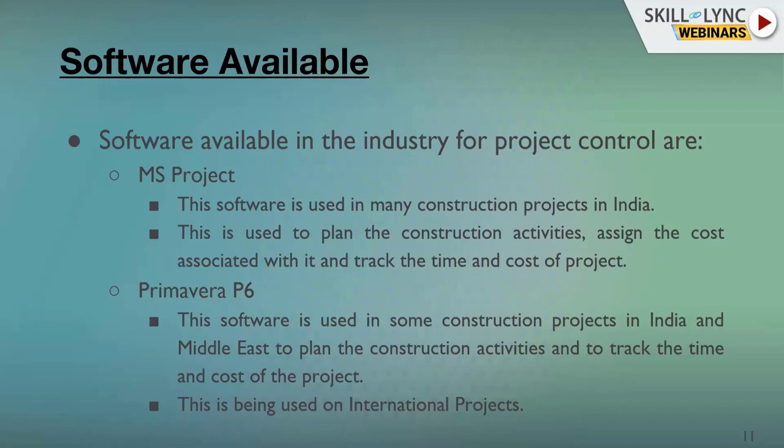So this is basically used by enterprises having multiple projects going on, and they can integrate the cost of various projects in a single application. For monitoring multiple projects, Primavera P6 is one of the key applications in the industry.